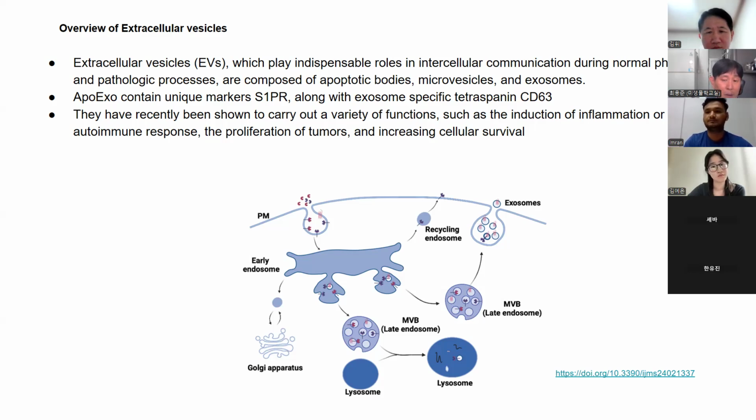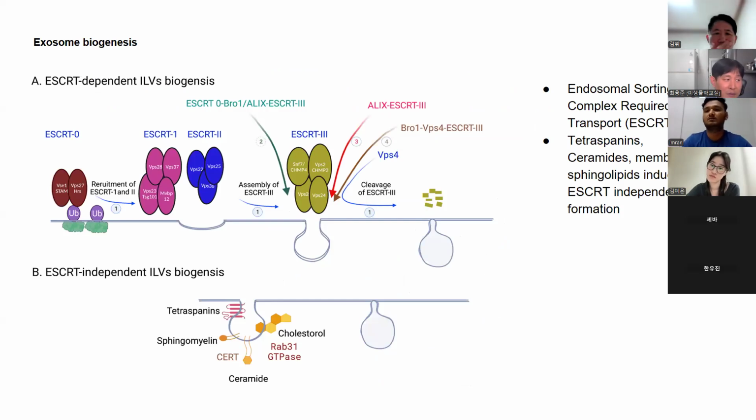Yeah, I'm sorry. And by the fusion of a multivesicular endosome with the plasma membrane, the intraluminal vesicles are released outside. Then we call that exosome. Okay, so ILV, intraluminal vesicle. Actually, few people know about that. Mostly don't know about that.